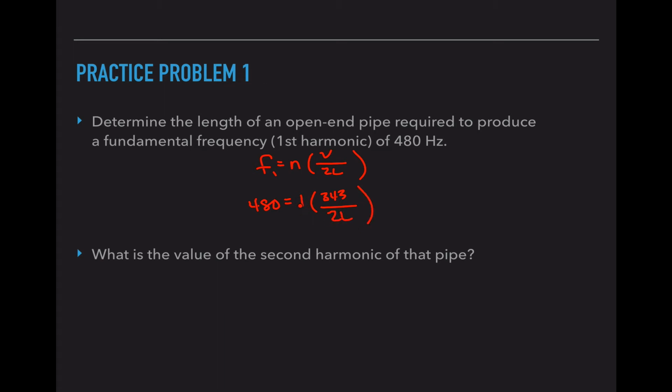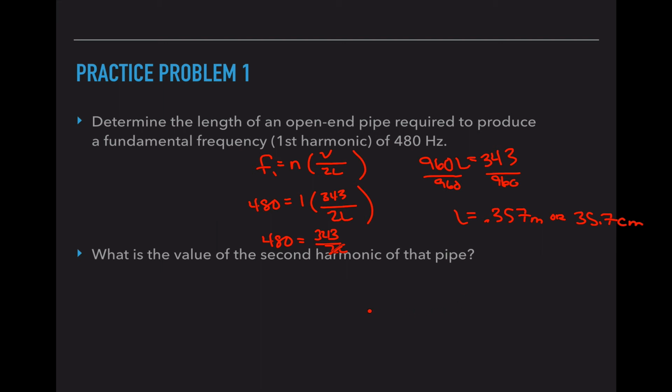So since this is a 1, I can just ignore it. So I have 480 equals 343 over 2L. Multiply both sides by 2L, and I get 960L, and that gets this out of the bottom, equals 343. Now divide both sides by 960, and my length is 0.357 meters, or 35.7 centimeters.